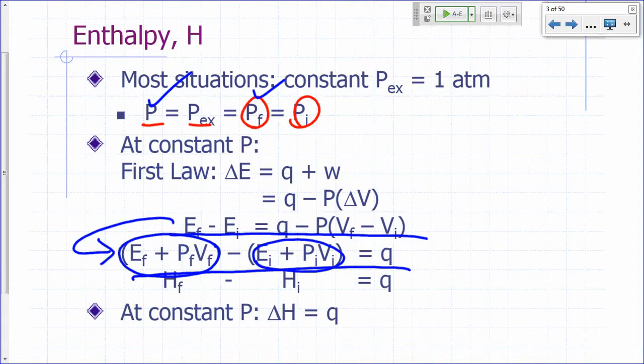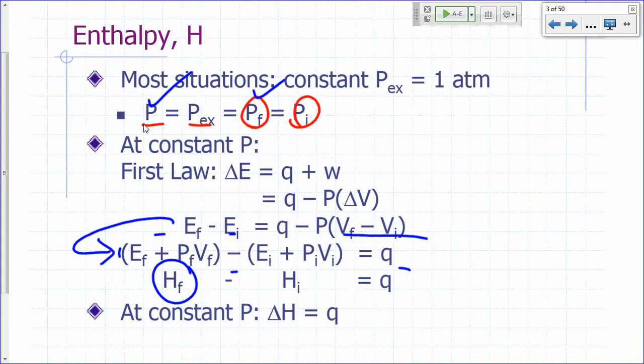Since E, P, and V are state functions, they only depend on what your state is, not how you got there. Then that means E plus PV is also a state function. So we're going to call that state function enthalpy, H. So E final plus P final V final is H final, the final enthalpy, and the initial enthalpy would be E initial plus P initial V initial.